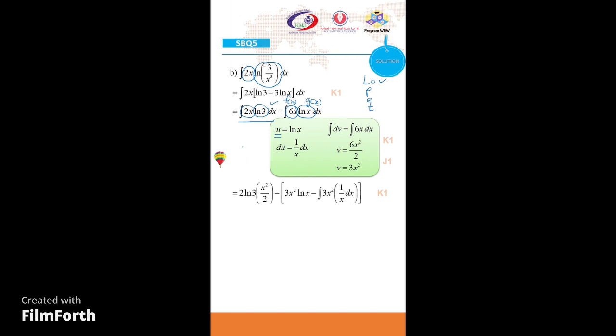Then you substitute into the formula of integration by parts: uv minus integral of v du. Okay, here you will get 1 mark.